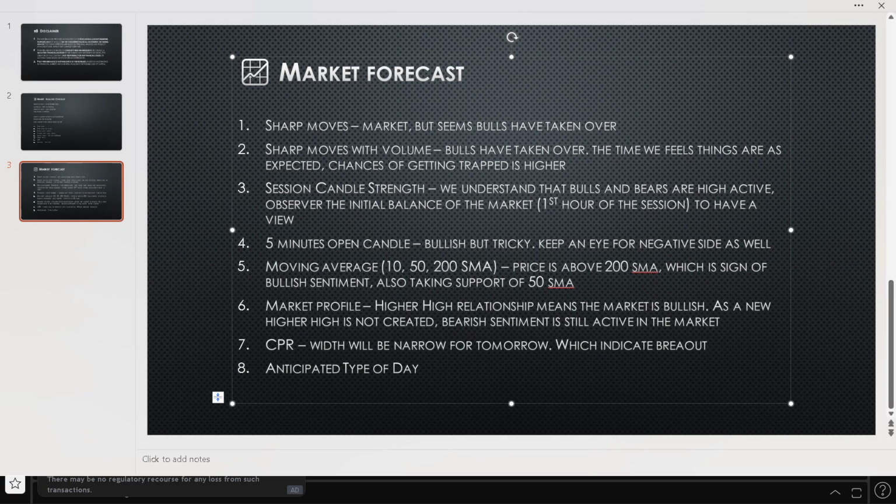Now, how will we have an anticipated type of day? As per the CPR, as per the market profile, as per the moving averages and everything, what I see is the market is going to move in one direction.